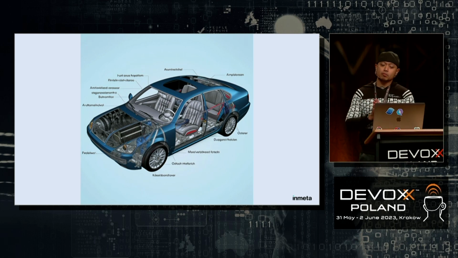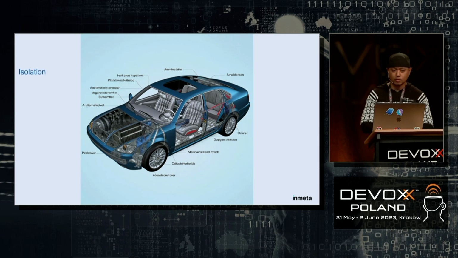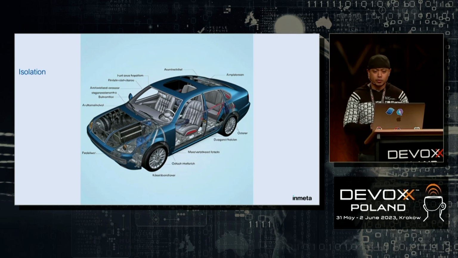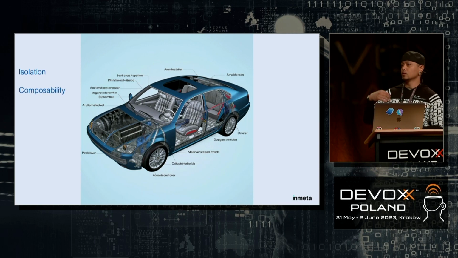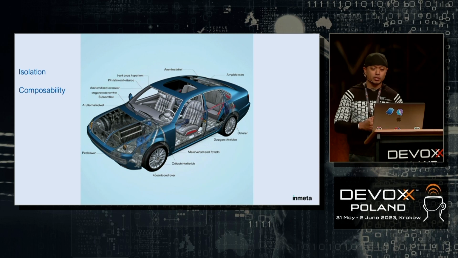Creating modules to build software or a car gives benefits like isolation. Isolation allows people to work individually on the car or the application without delaying someone. Another one, composability: clear boundaries for each individual component, so they're able to compose each piece together to create a fully functioning feature.